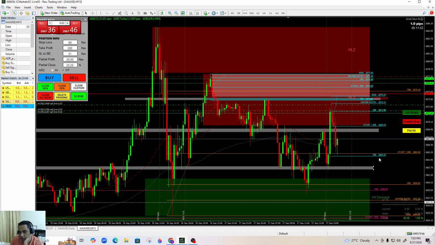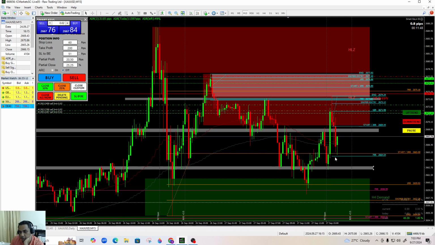It has to touch. It should touch 2664.5. But we're just reacting off this 2665. So we're probably going to push up, grab liquidity and continue down.